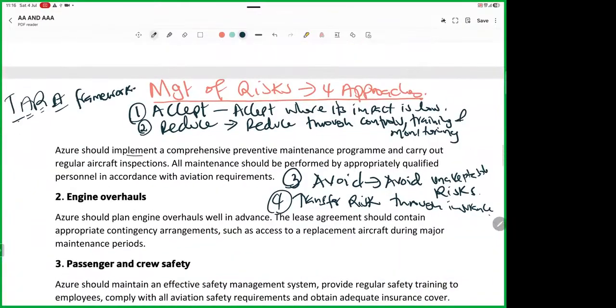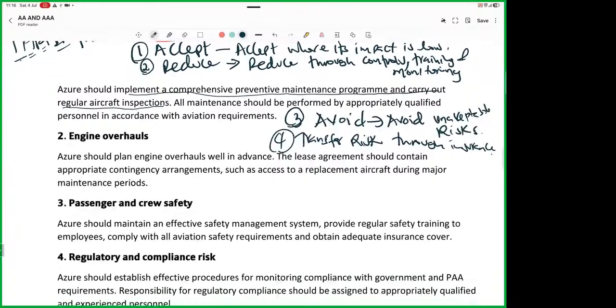AZUA should implement a comprehensive preventive maintenance program and carry out regular aircraft inspections. All maintenance should be performed by appropriately qualified personnel in accordance with the aviation regulatory requirements. Given that the aircraft is very old, we also need to really up our game in terms of maintenance and have on-board engineers who are renowned and approved by the regulatory authority.